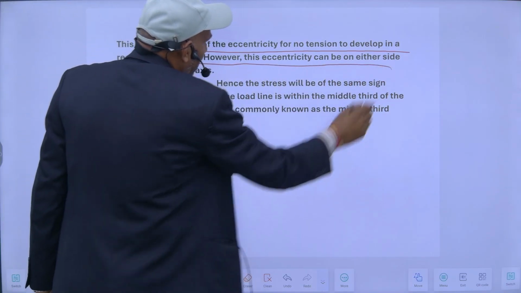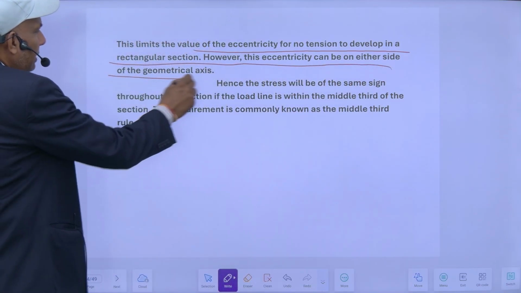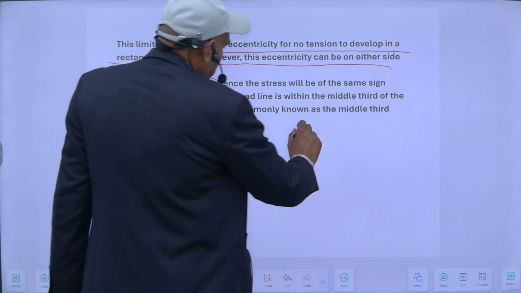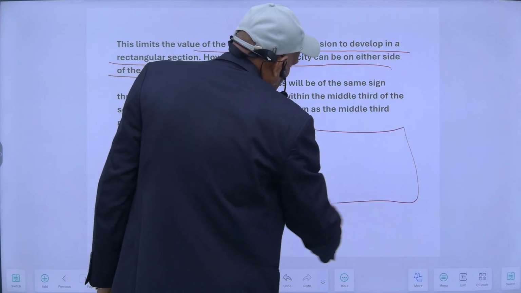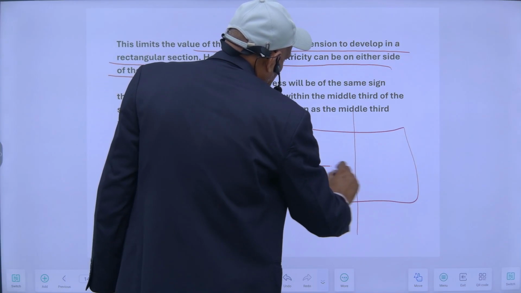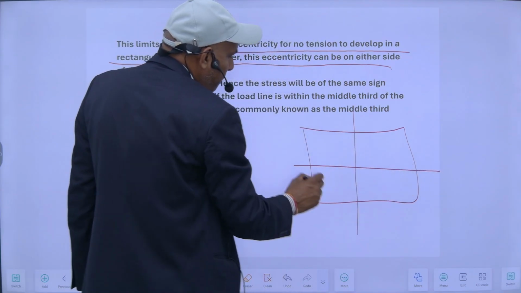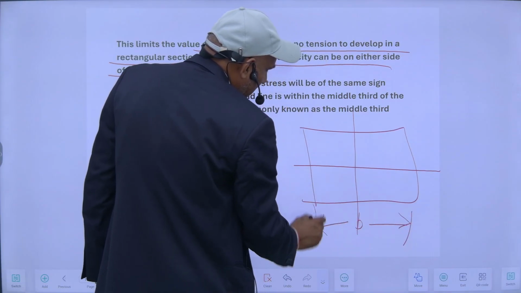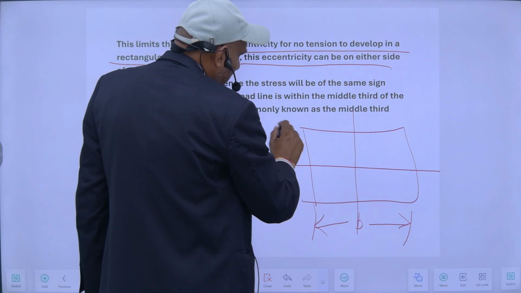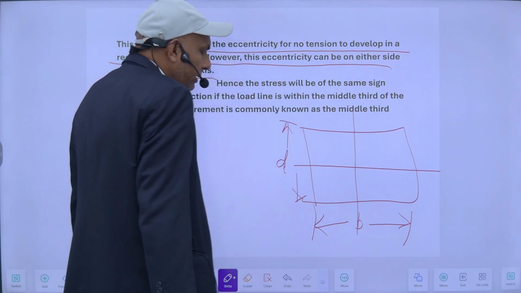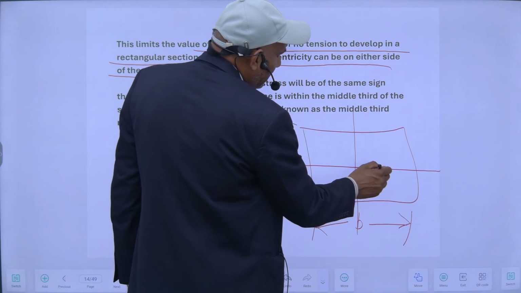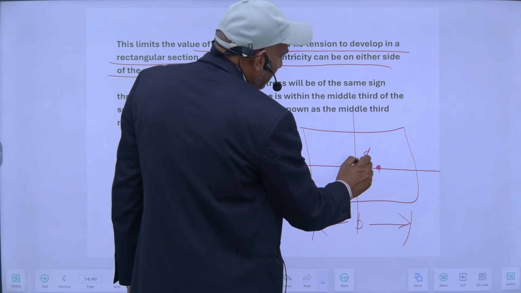However, this eccentricity can be on the other side of the geometrical section. Suppose this is my B, this is D. For no tension to be developed, the value of the eccentricity may be equal to D by 6.